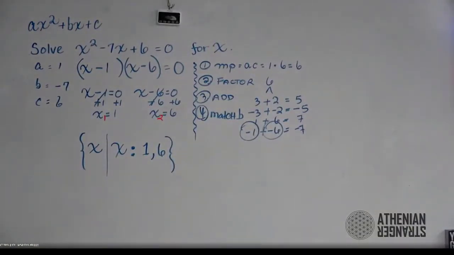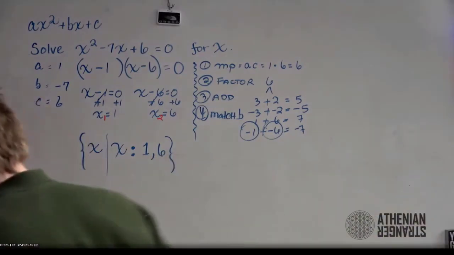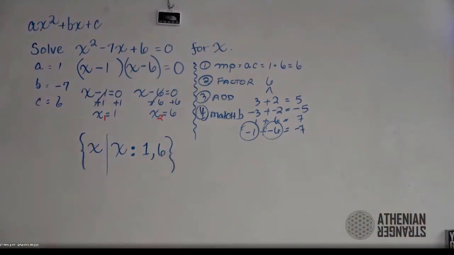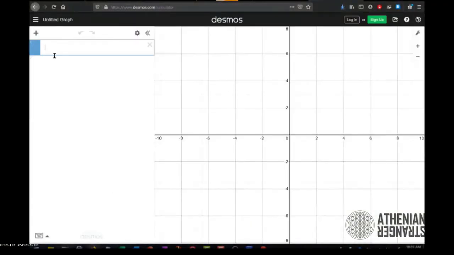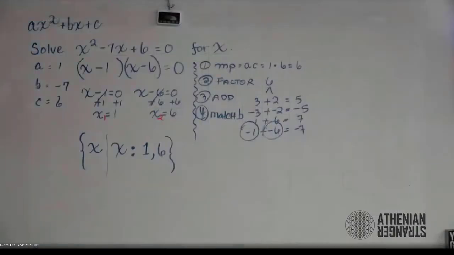This is very important. It's very important that you understand what is happening graphically. So let's hop over to Desmos. And we're going to type in this equation. Look at the laser pointer.